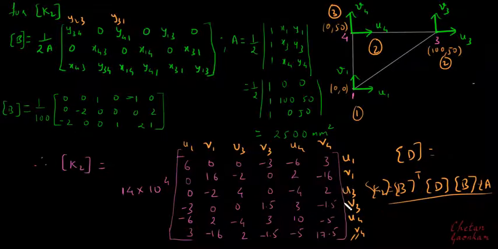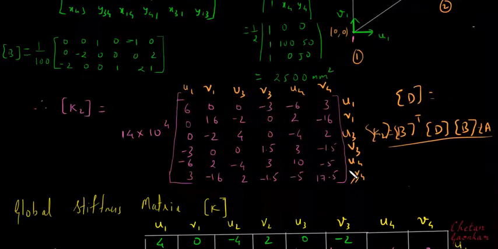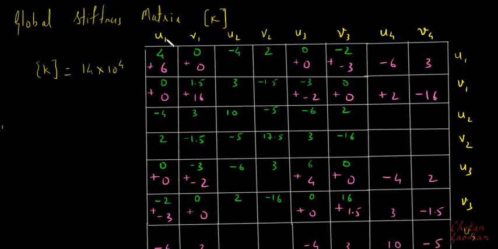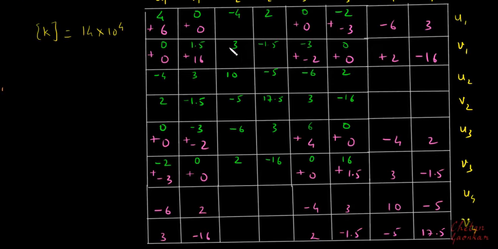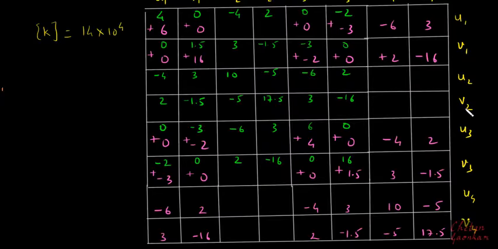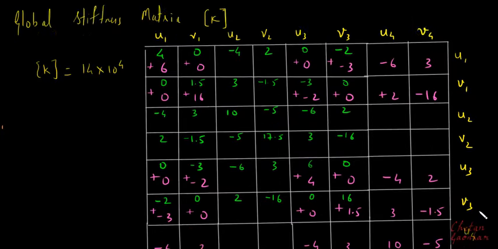Now to assemble the global stiffness matrix, first we will have to frame the matrix considering all the nodal degrees of freedom, that is u1 v1 u2 v2 u3 v3 u4 v4. Similarly u1 v1 u2 v2 u3 v3 u4 v4.